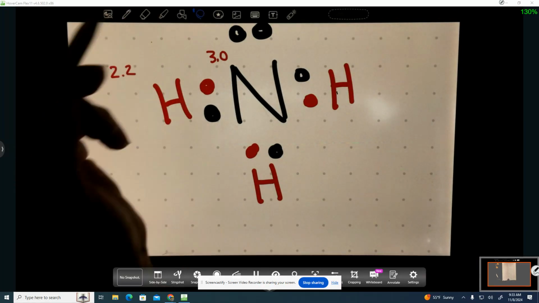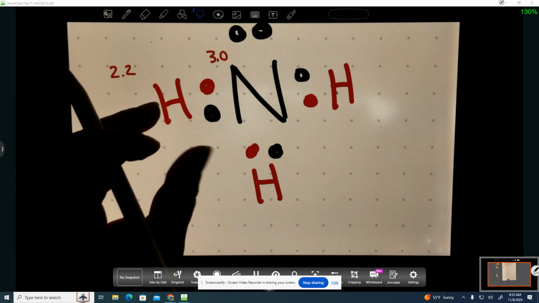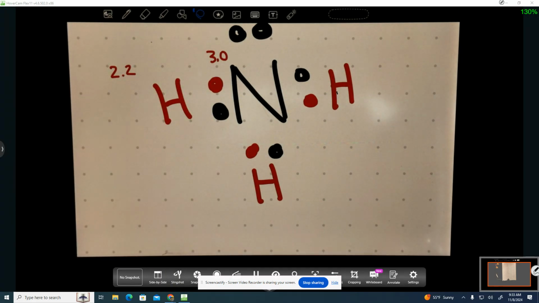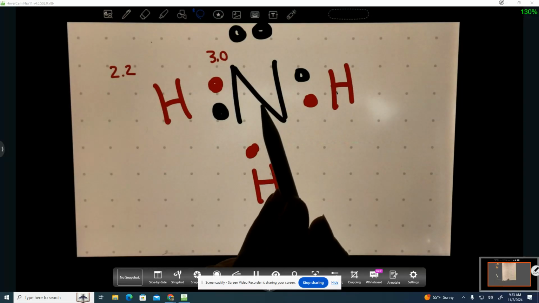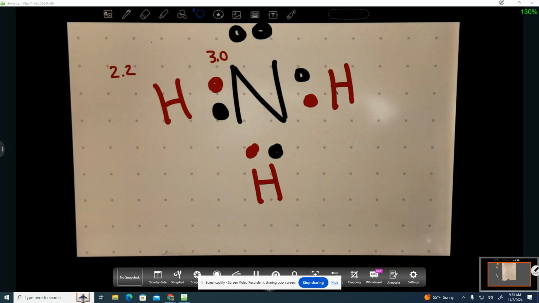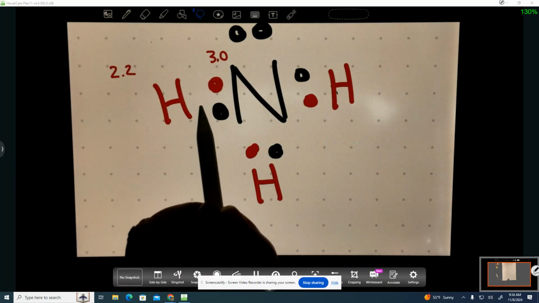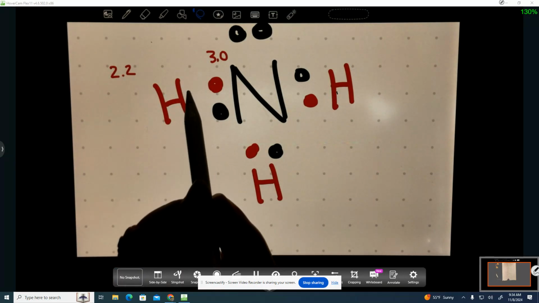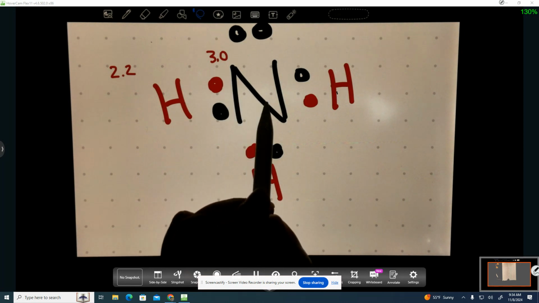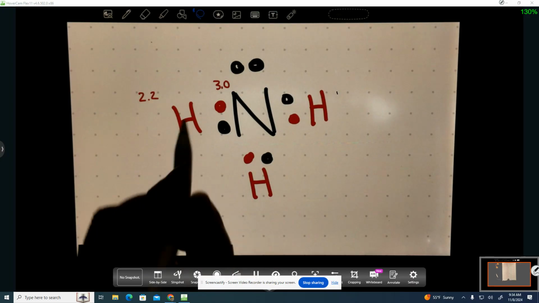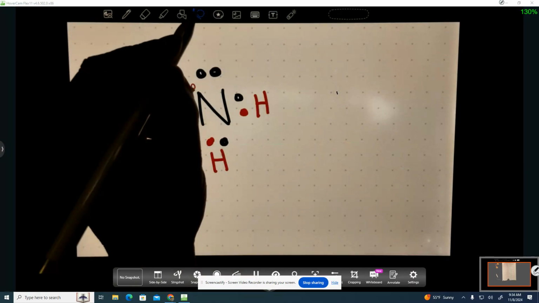No. So where are the electrons going to be closer to? The nitrogen. Just a little bit. Not a lot of it, just a little bit. Which means the nitrogen is going to be a little bit more negative than the hydrogen. Okay? That's called a polar covalent bond. It's a single polar covalent bond because I've got a negative side and a positive side. I'll define that again as we move along.